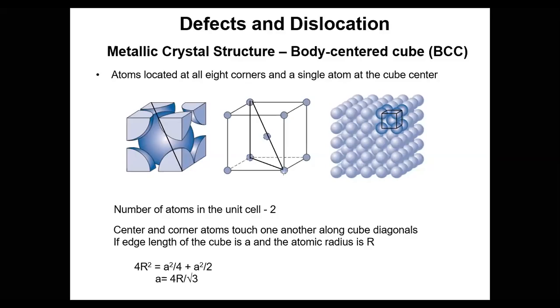So this you can calculate, right? When you apply Pythagoras, the whole term 4r has to be squared. Or else, if you take the atomic diameter as 2r, that is now 4r. That is also possible.